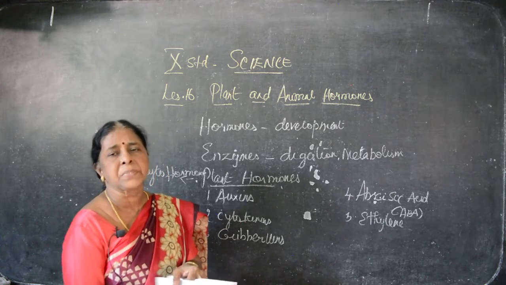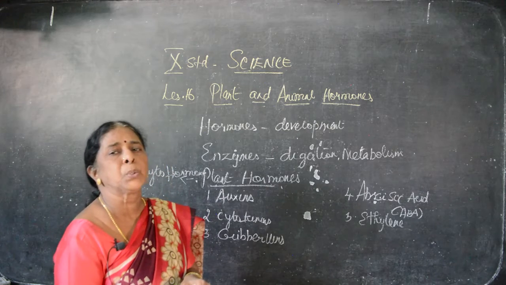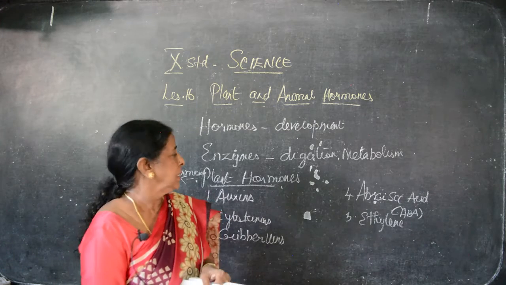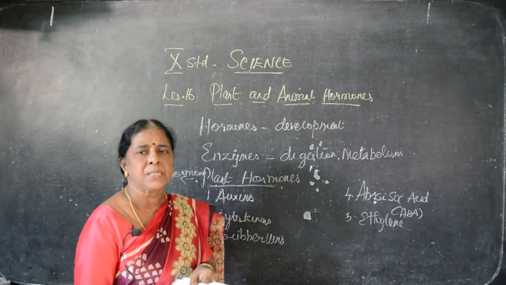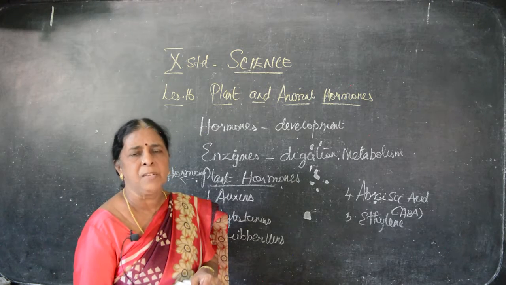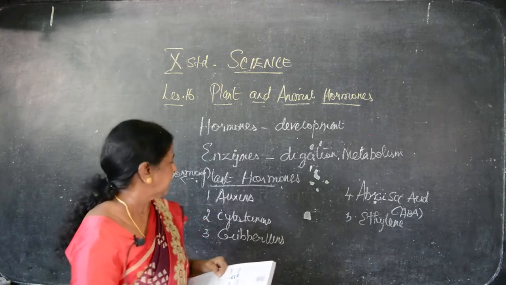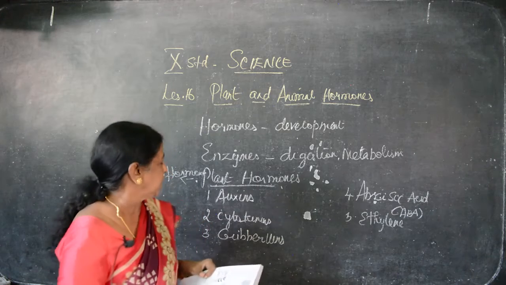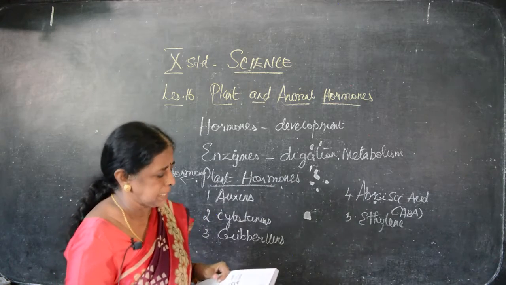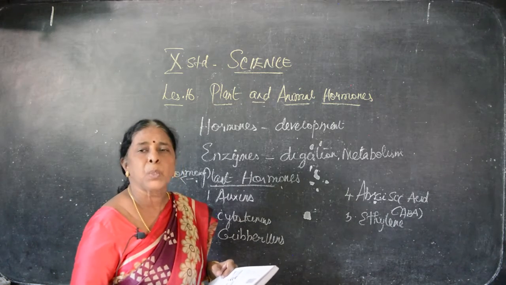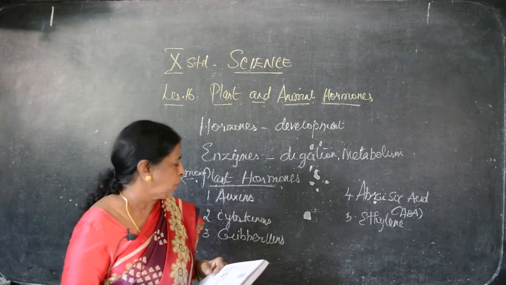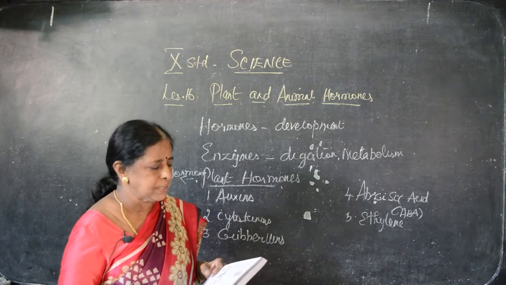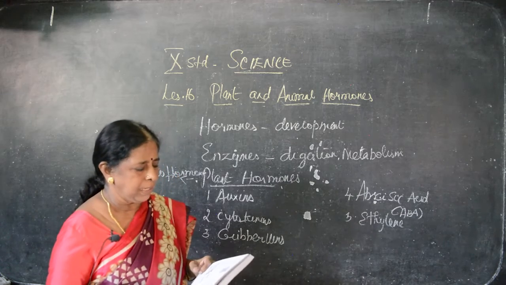It is a chemical substance which helps the plants to do physiological functions. Clear? So I said auxins, cytokinins, spelled K-I-N-I-N-S, gibberellins, abscisic acid and ethylene.